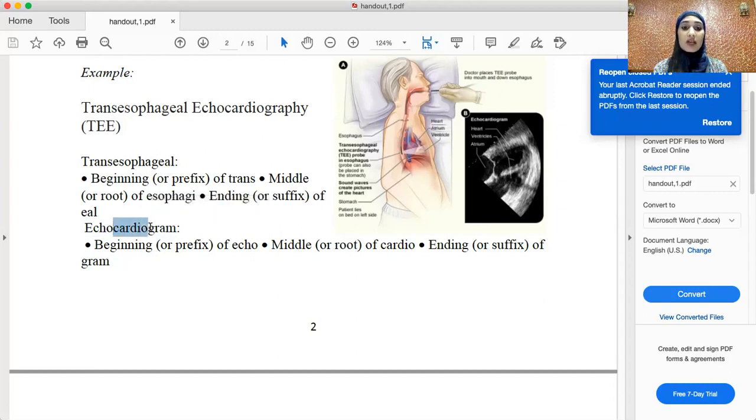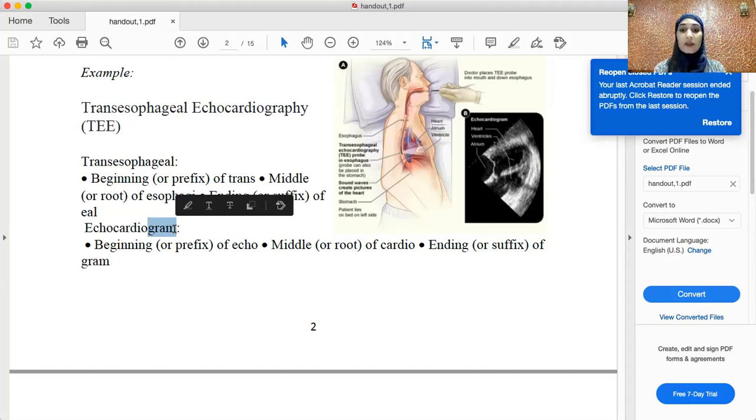Cardio means heart, and gram means picture. So, transesophageal echocardiogram is a test that uses sound waves to create high-quality moving pictures of the heart and blood vessels.